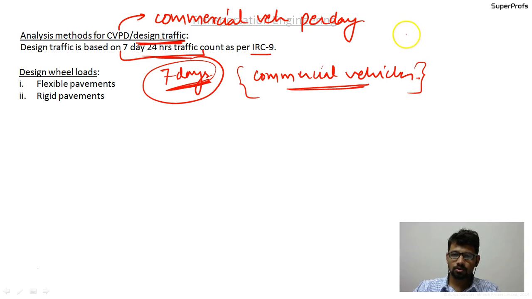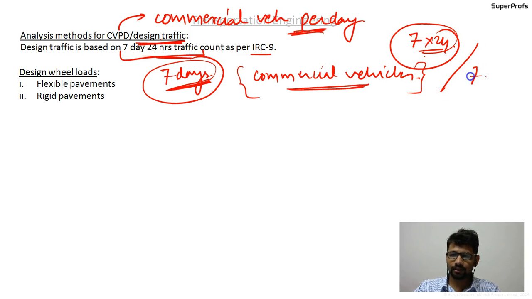Then convert this into commercial vehicles per day by dividing this number by 7. That is regarded as the design traffic volume in pavement designs.